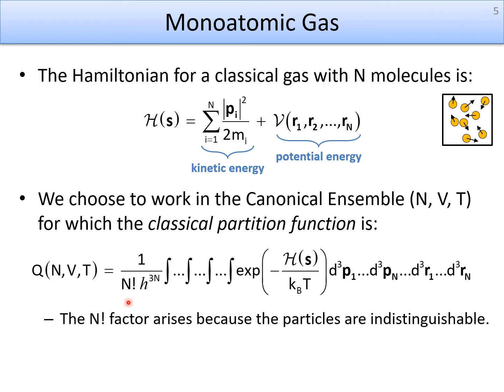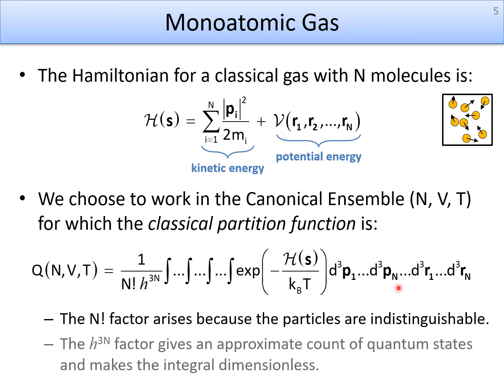The second particle, now that we have allocated one label for the first particle, there are n-1 ways to label the second particle. For the third particle, there are n-2 ways to choose a label for that, etc. So this would give you n factorial possible ways to label the particles, and since the particles are indistinguishable, we have to divide by n factorial to correct the overcounting of this integral over here, which has this labeling of the particles.